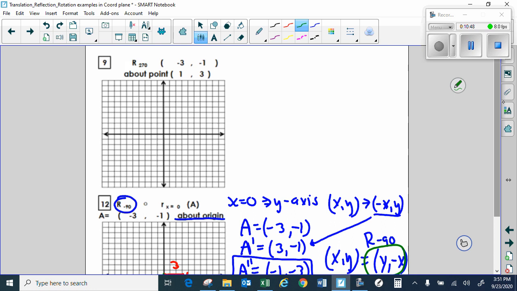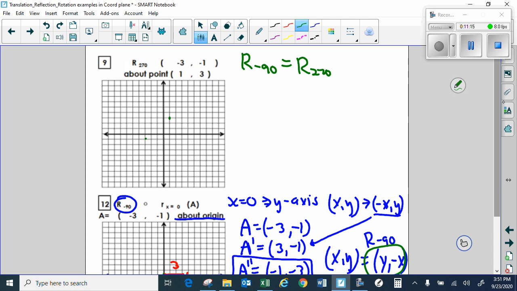Now, a rotation of 270 is the same as a rotation of -90. You have that in your notes already. But now it's not about the origin, so I can't use this (x, y) to (y, -x) rule. That's only about the origin. It's about the point 1, 3, and this is -3, -1 right there.